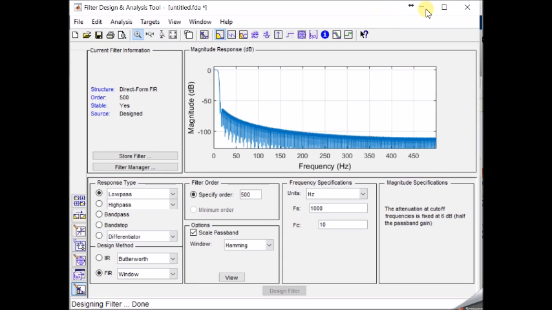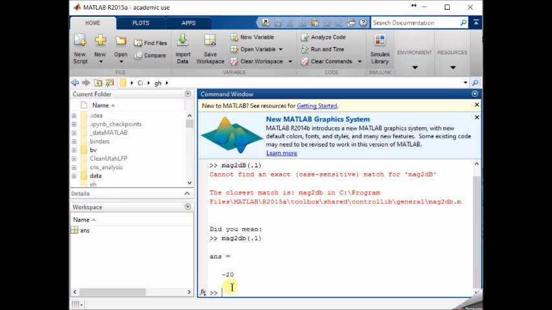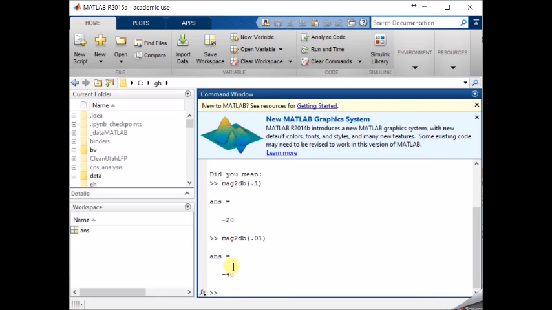Another example would be back to dB. If our signal was attenuated by 99%, then the attenuation would be negative 40 decibels. And the equation for this, that this mag2dB function is just doing, is 20 times the logarithm of the output magnitude.